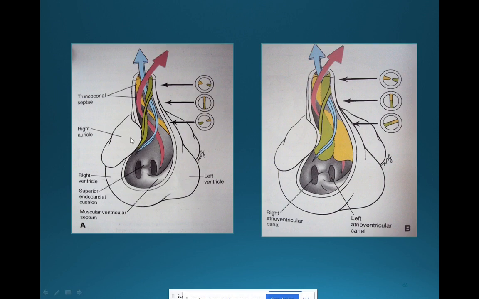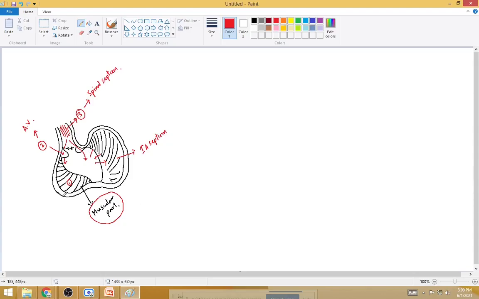Plus, the atria should be coming from that side. The interatrial septum should be attached here from the back side. If this side is the left ventricle, it should be communicating with the aorta.